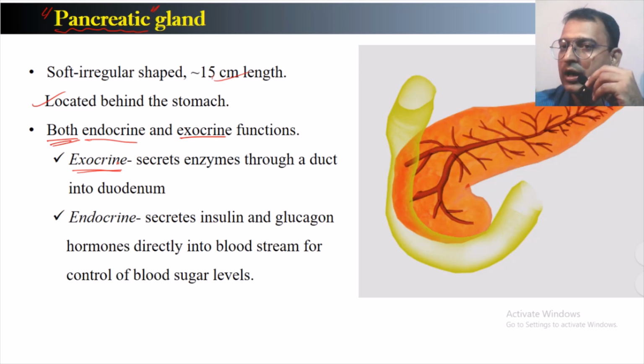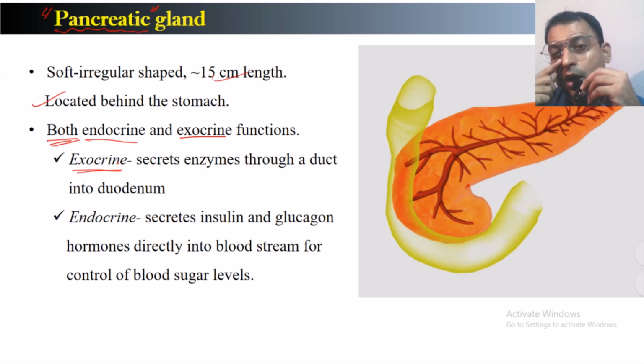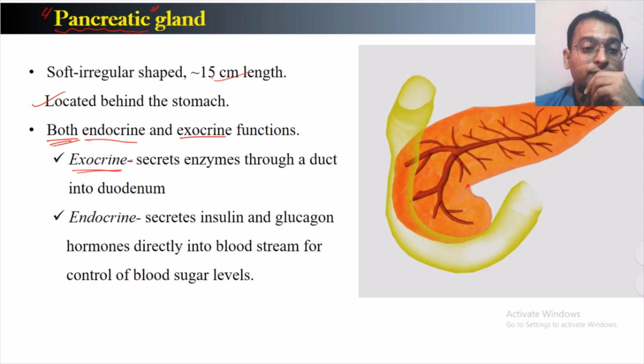The saliva is coming out through the opening, and the tears from the eyes come out through the small opening at this end. So the pancreas also functions as an exocrine gland because it secretes enzymes through a duct.